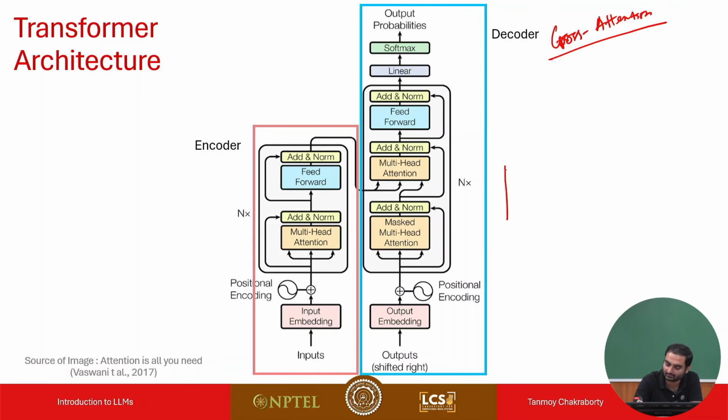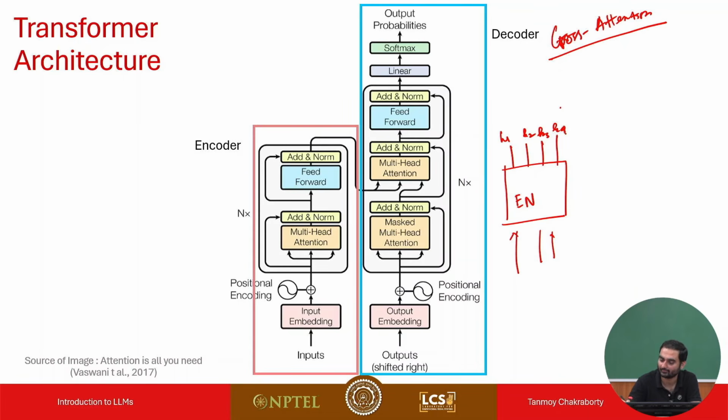What is a cross attention? This is the encoder, and let's say these are final outputs, H1, H2, H3, H4, from the last layer, and this is my decoder block.